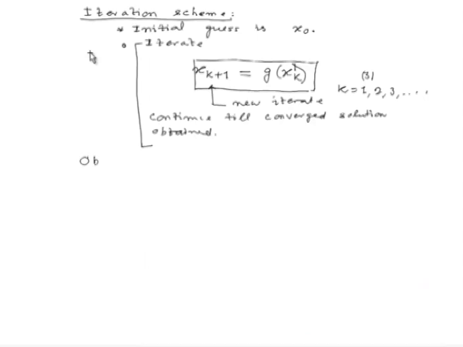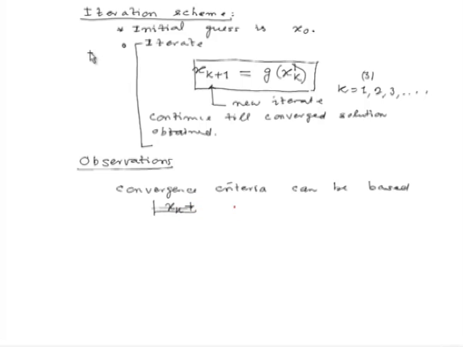So, that is your choice. There are some observations. Let's quantify these ones here. So, convergence criteria can be based on the magnitude of x of k plus 1 minus xk being less than epsilon.